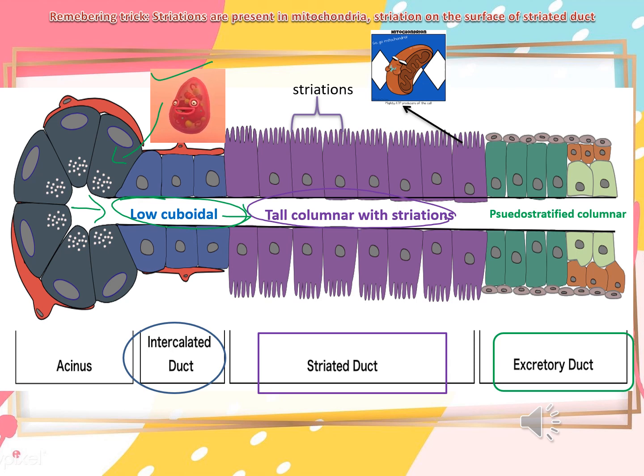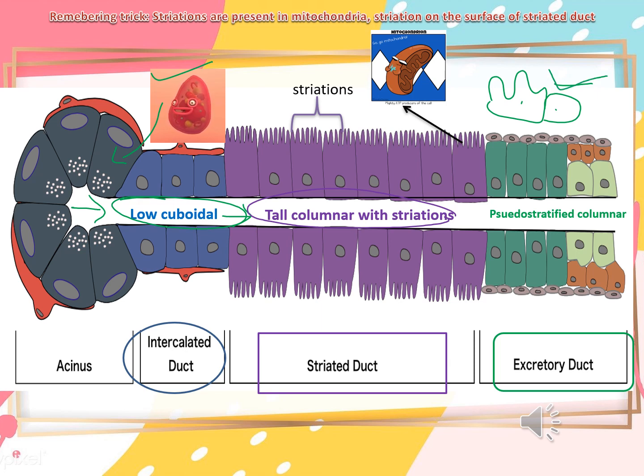Now, as the striated duct follows its path, some of the striated duct cells will join together and form an intralobular duct or the excretory duct. As these striated ducts start joining each other, they will lose the striations and they will form two layers. One will be the mucosa, the other will be the connective tissue. The connective tissue is present on the outer side and the mucosa is present towards the inner side.